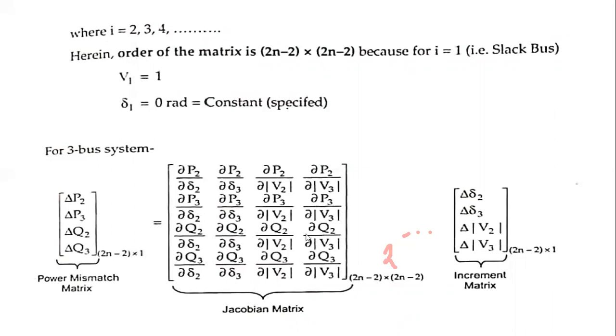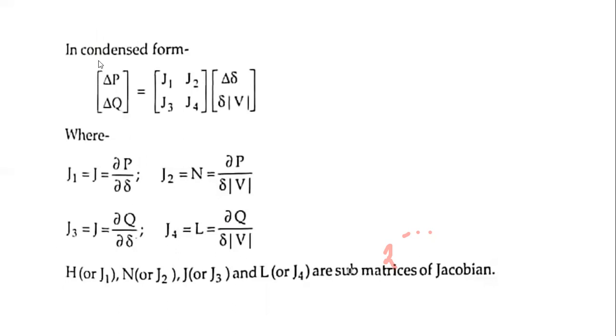And this is the Jacobian matrix, and delta delta 2, delta delta 3, delta V2, delta V3. This dimension is also 4 by 1, with bus 1 as the slack bus. Okay, this is in the form of a rectangular matrix.